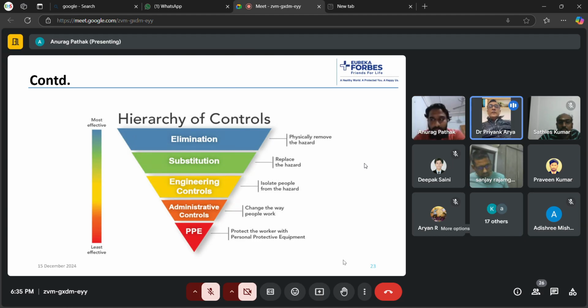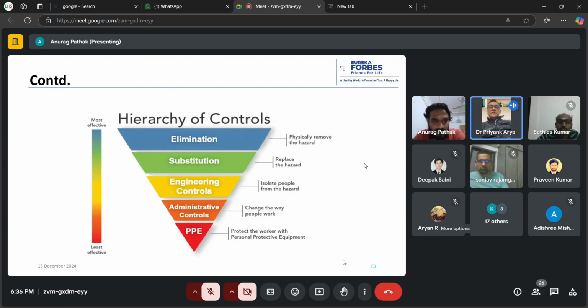If you could not eliminate that fan because of any reason, then you have to put some substitution. In place of that standing fan, can you put a ceiling fan over there, or some other type of fan which is far away from the process persons? So that is the second stage of any hazard control.